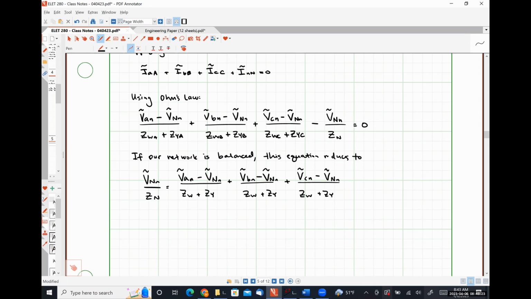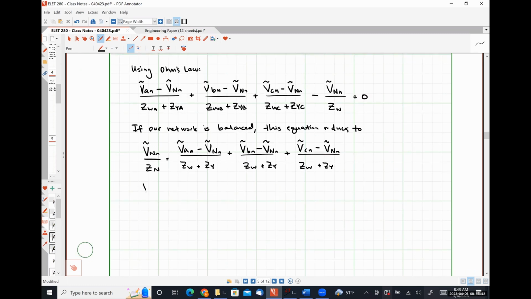So when I have a balanced system, all of those impedances are the same, so I can just drop the subscript, all right? Now what I'm going to do is move all of those VNN terms from the right-hand side over to the left-hand side, all right?